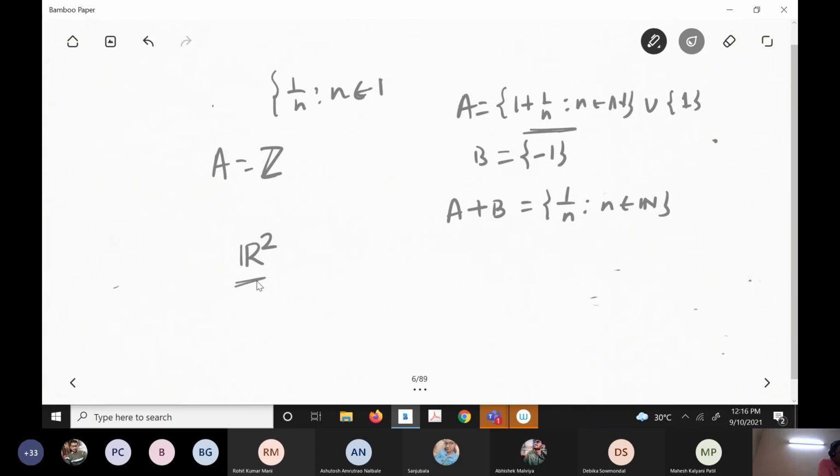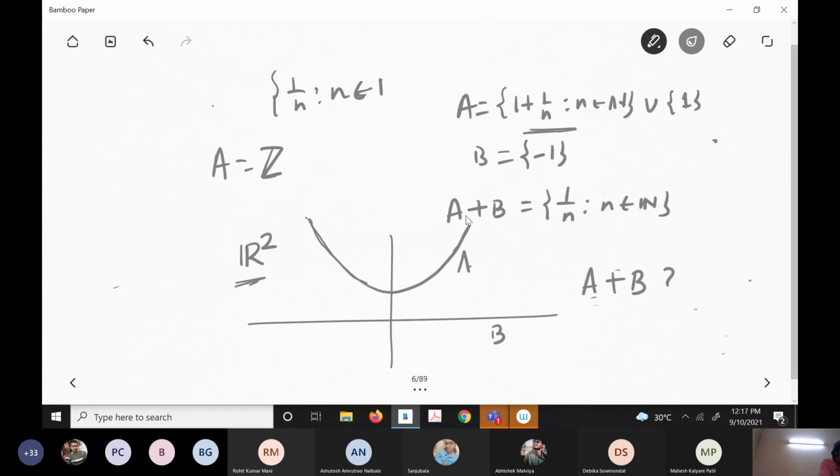Here, actually, R square will be easier. You can think of some geometry. Think of this first. Suppose you take the x axis and this curve, sort of a parabola. Suppose here is A, this is B. Then what will A plus B be?